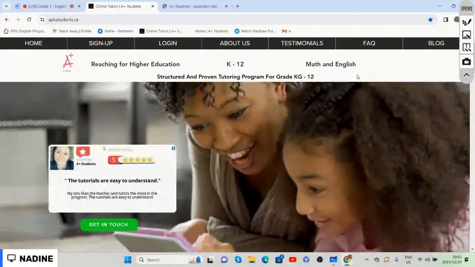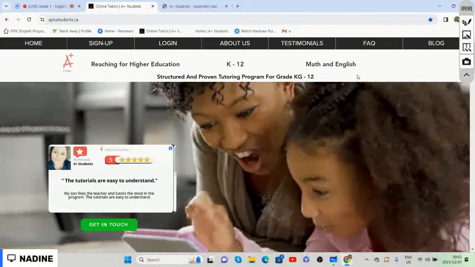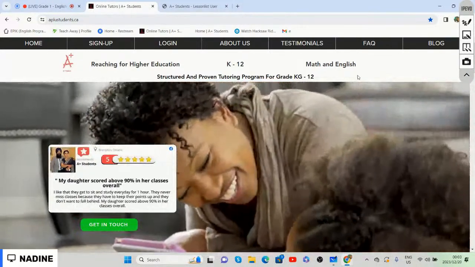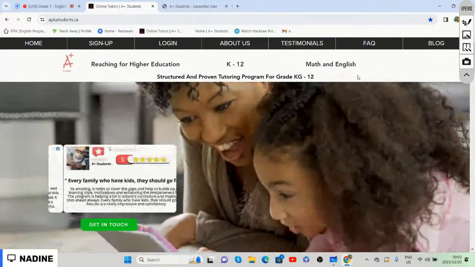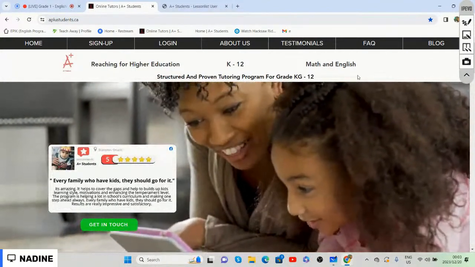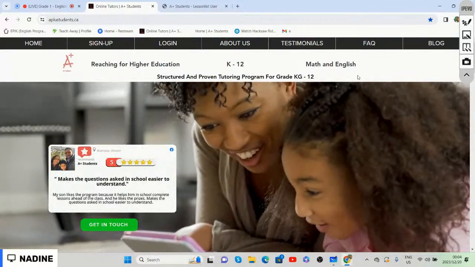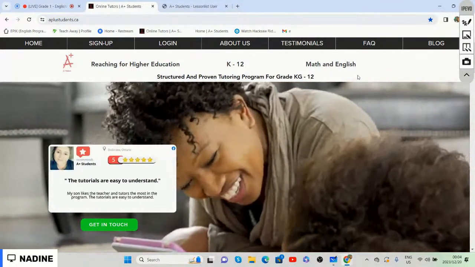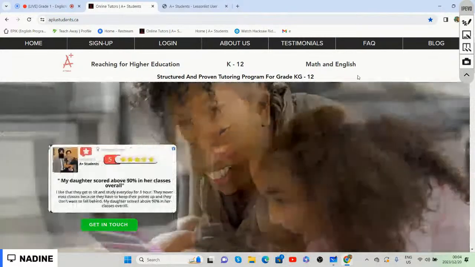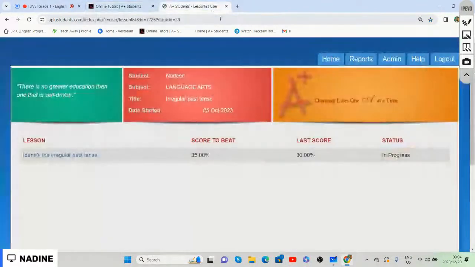Once you've logged on, we're going to select the subject of language arts, grade 1. And then we're going to scroll down until we get to the chapter of irregular past tense.